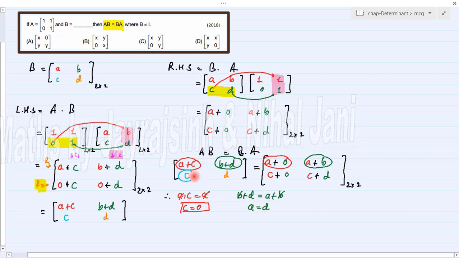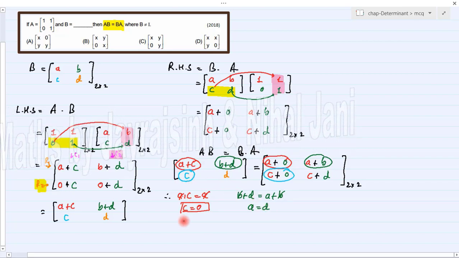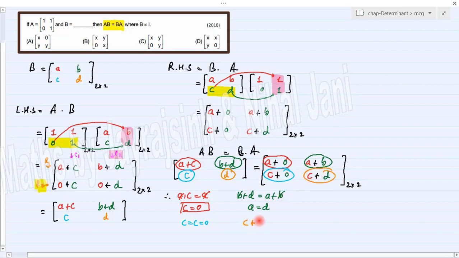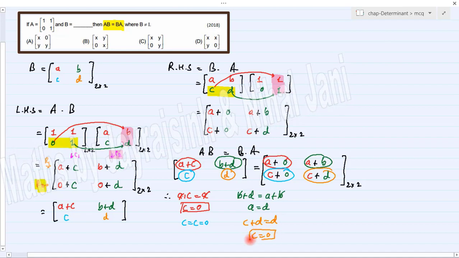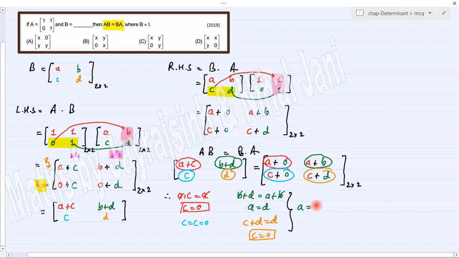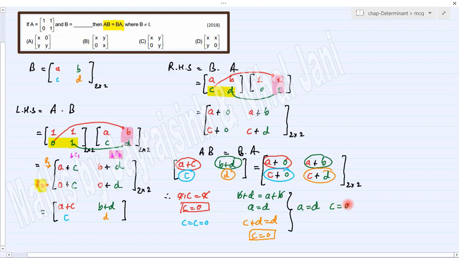Then if we compare the third element, we get C is equal to C, which we already found as 0. And from the last element, we get C plus D equal to D, which gives us C equal to 0, which we already found out. So to satisfy this equation, we get two conditions: A must be equal to D and C must be equal to 0.